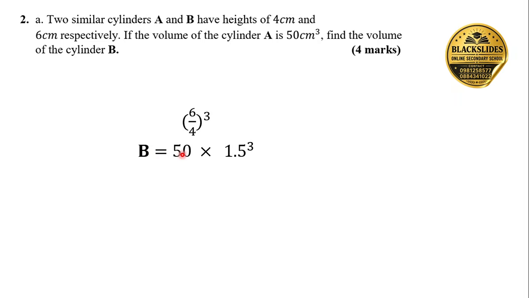The volume is going to be the volume of A, which is 50, multiplied by 1.5 cubed. So the volume of B, therefore, is 168.75 cubic centimeters. Kindly check this against your calculator. Remember that calculators are allowed in this paper.